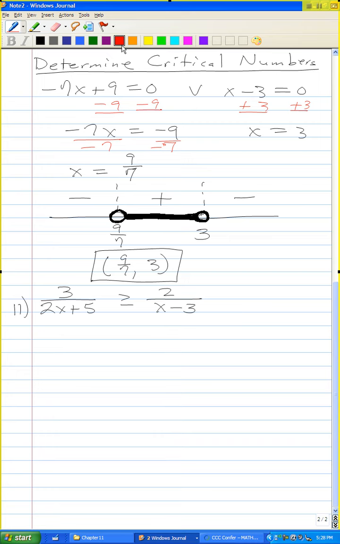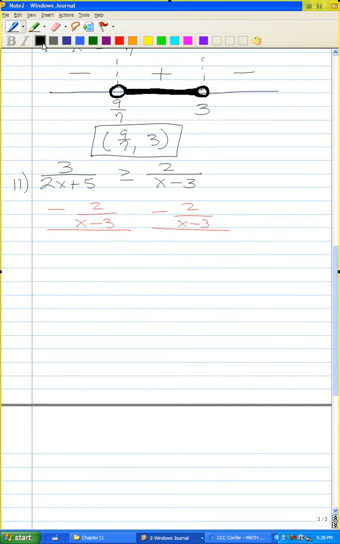So I have to make the right-hand side of my inequality 0. So let me subtract 2 over x minus 3 from both sides of my inequality. And so I get 3 over 2x plus 5 minus 2 over x minus 3 is greater than or equal to 0.